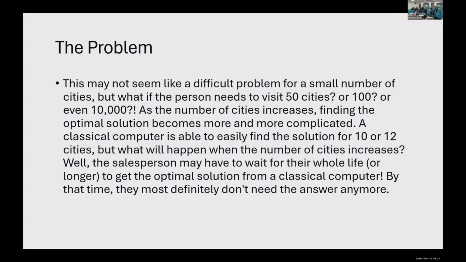So a classical computer is able to easily find the solution for 10 to 12 cities. But what will happen when the number of cities increases? Well, the salesperson may have to wait for their whole life or longer to get the optimal solution from a classical computer. By that time, they most definitely don't need the answer anymore.